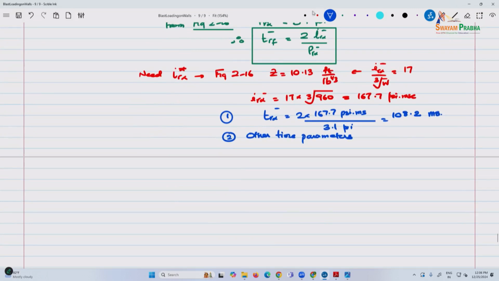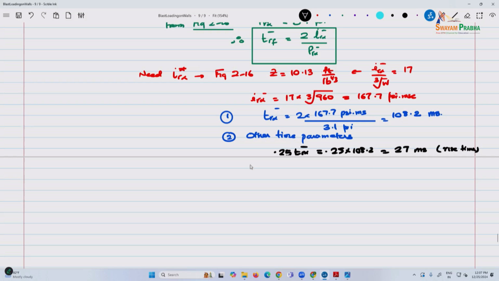There are 3 other time parameters. One is 0.25 TR negative alpha. So this is 0.25 times 108.2, which is 27 milliseconds. This is again sort of the rise time.